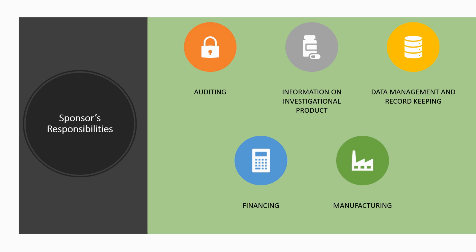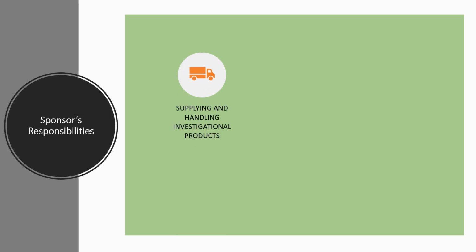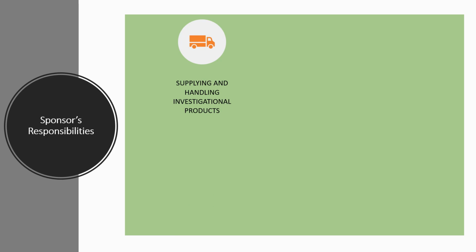Manufacturing. The sponsor should ensure that the investigational product is manufactured in accordance with applicable good manufacturing practices and is coded and labeled in accordance with applicable regulatory requirements. Supplying and handling investigational product. To ensure timely delivery of investigational product and accountability.